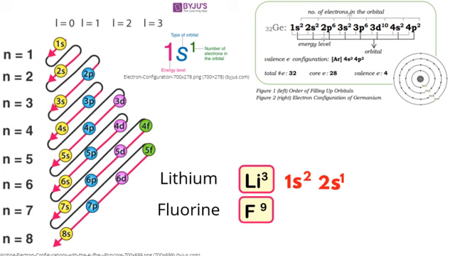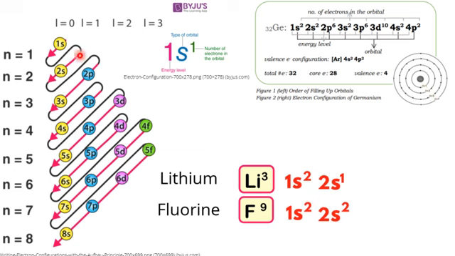Okay, for the electron configuration, let's start with 1s2 again. Only 2. We cannot write 3, 4, 5, 6 for the S because S has a maximum of 2 only. What is next? Following the arrow, we have 2s. What is the maximum electron of S? That is 2. Okay, 2 plus 2 is equal to 4. And we need 9.